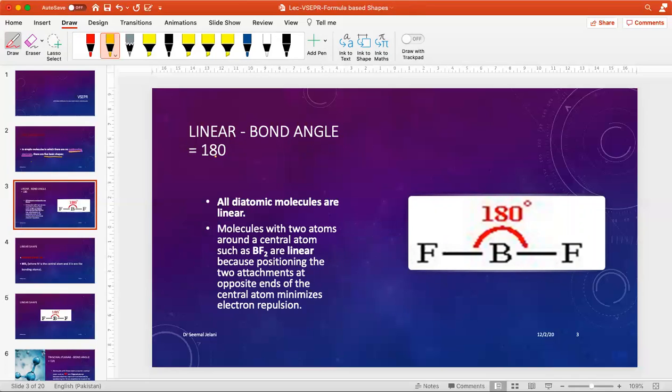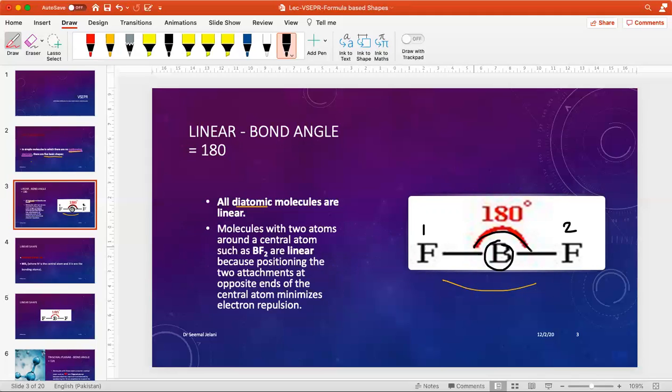Let's come to the first one: linear shape, and the bond angle is 180. This is the structure. Nearly all diatomic molecules are linear. Molecules with two atoms, atom number 1 and atom number 2, are connected to the central atom, and the angle is totally 180 degrees.